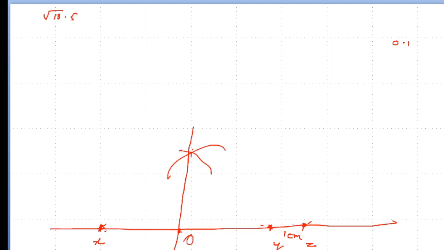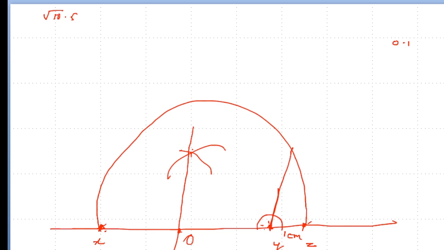Now make an arc on it. Now at Y make a 90 degree angle.